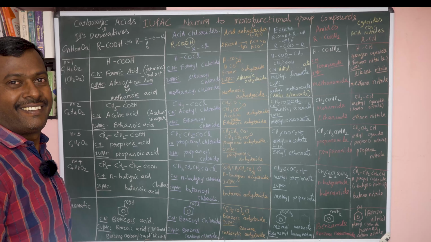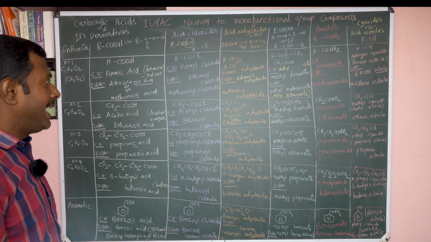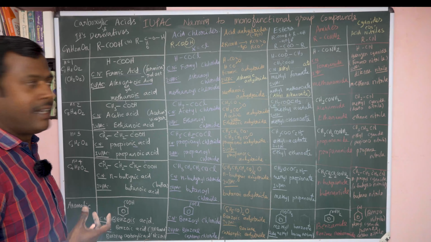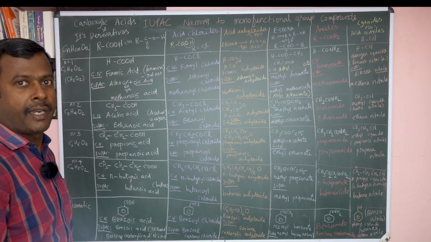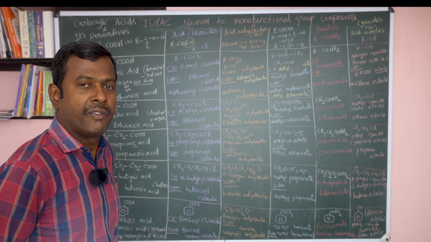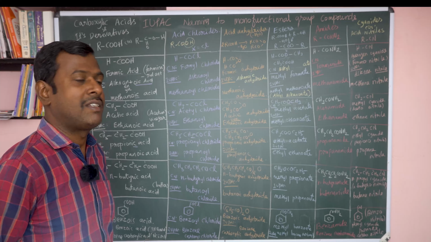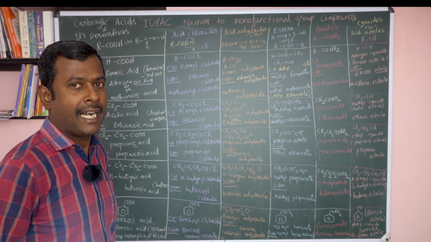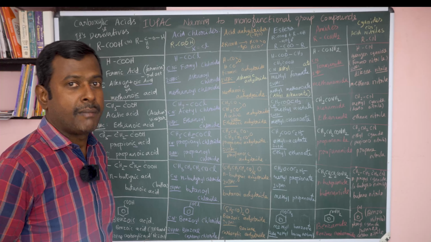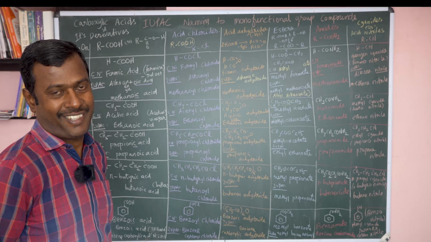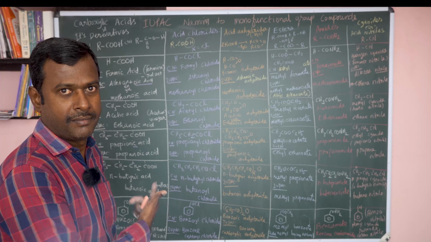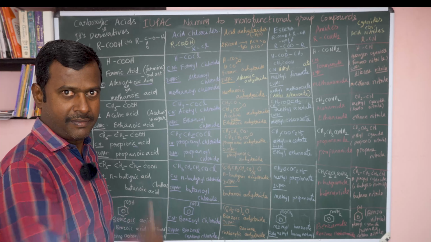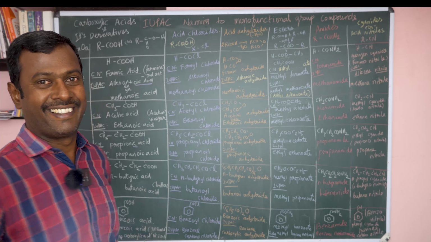If you are very strong in these structures, common names and IUPAC names, you also become beautiful in chemistry. Chemistry is always beautiful if we understand. Want to become beautiful? Understand. Beautifully. Okay, right.